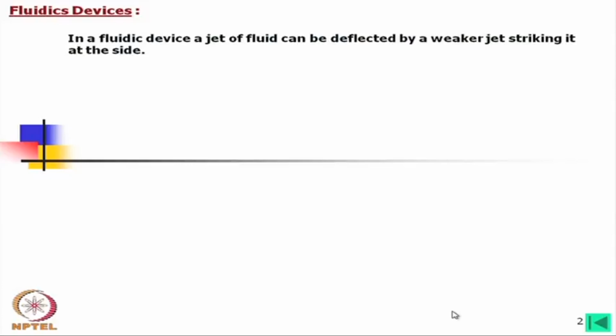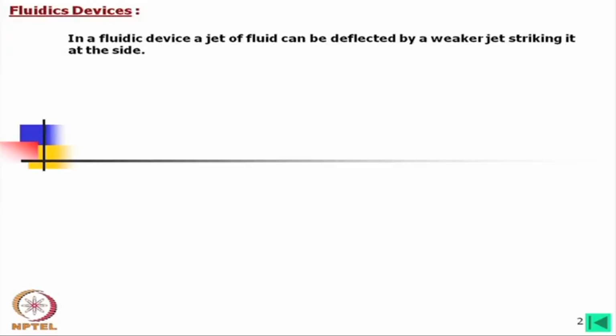In a fluidic device, a jet of fluid can be deflected by a weaker jet striking it at the side. This means that in a fluidic device, as I have already told, there are no moving components except the fluid moving inside.